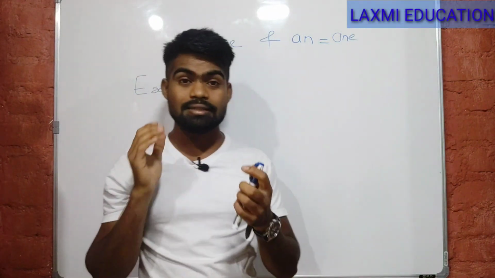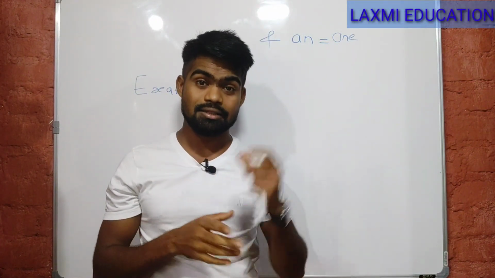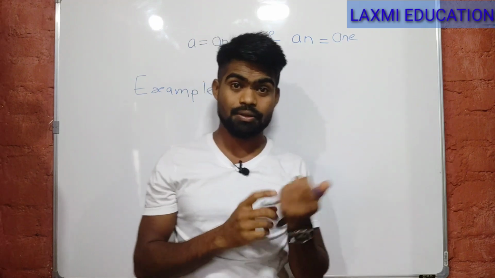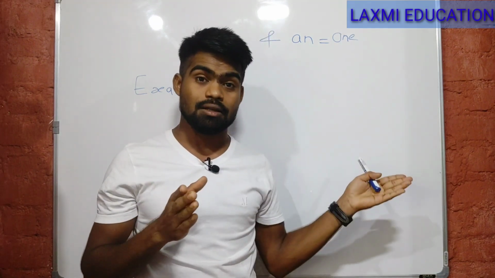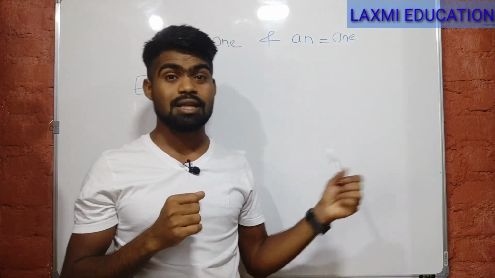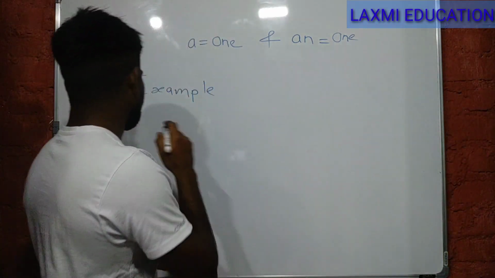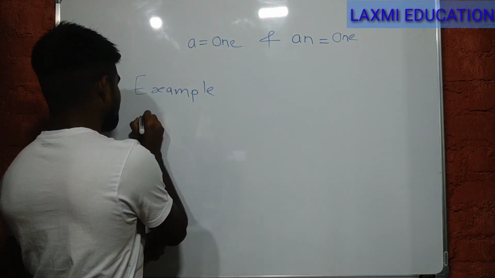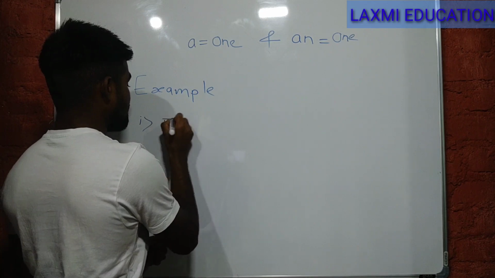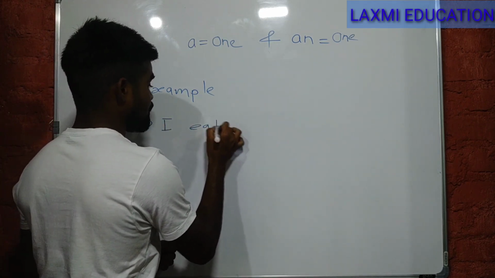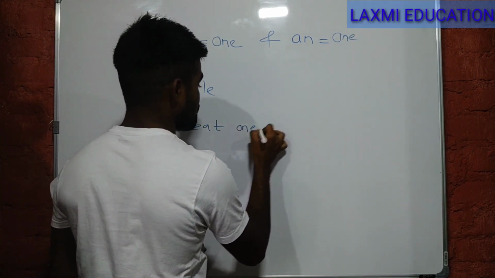Now let's try to understand with this example, where to use a and where to use an. Suppose I take one example: I eat one banana.